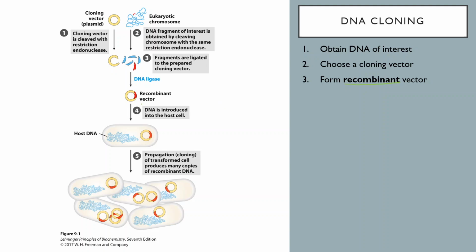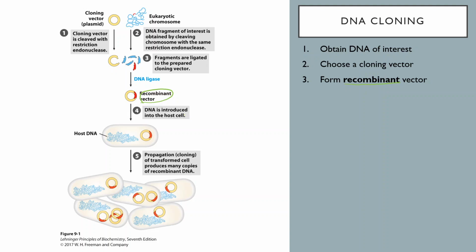The two of them together we call the recombinant vector. When we talk about recombinant DNA, that's all we mean: a single DNA molecule that consists of sequences that originated in two or more different species or organisms.